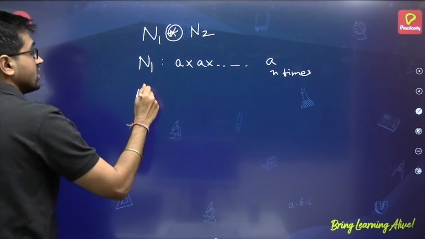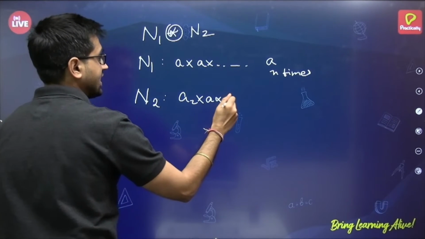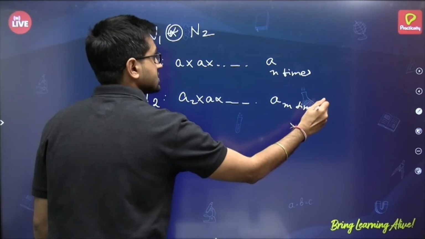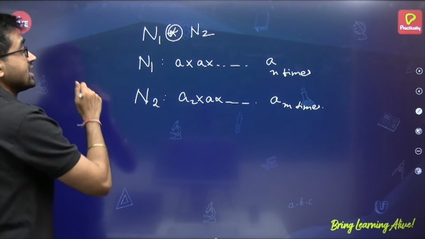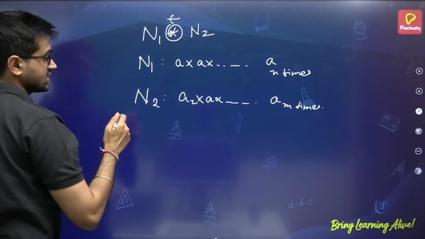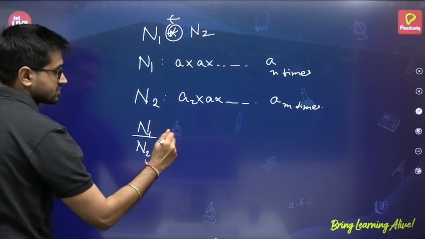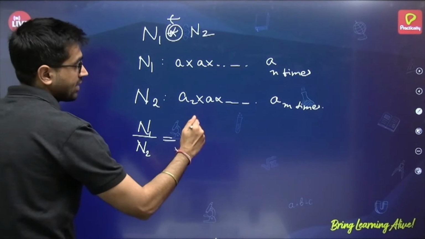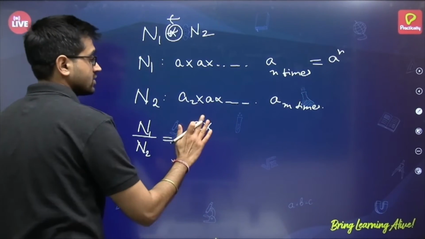And what if I take a number n2, which is a multiplied by itself m times? Now this operation is division. If I divide n1 by n2, then I'm actually writing, what is this in short form? a to the power n.